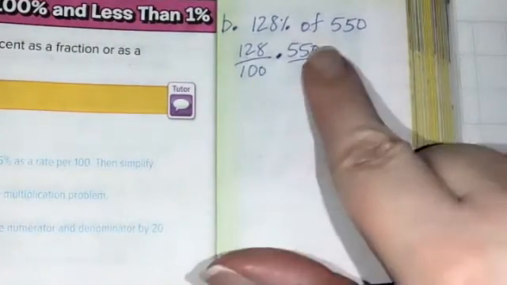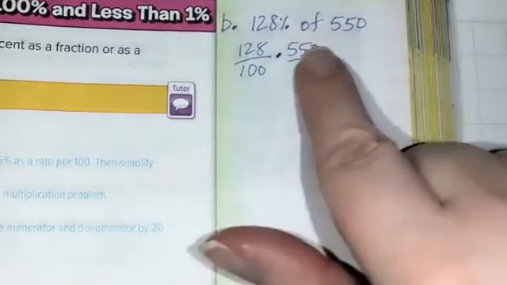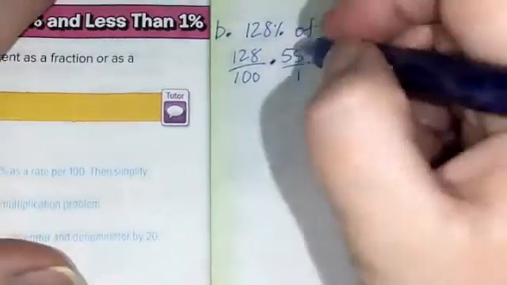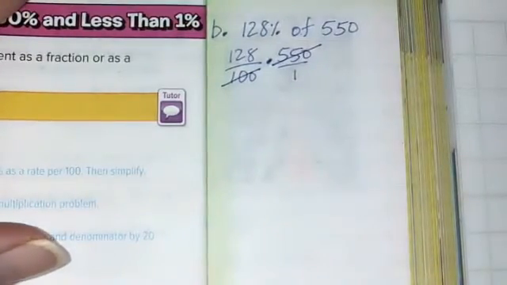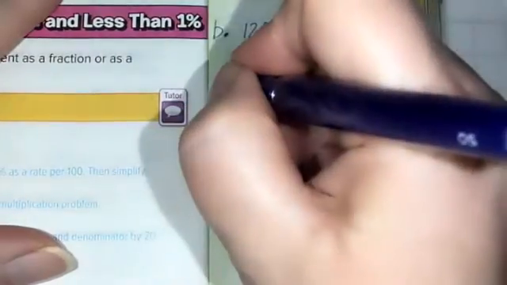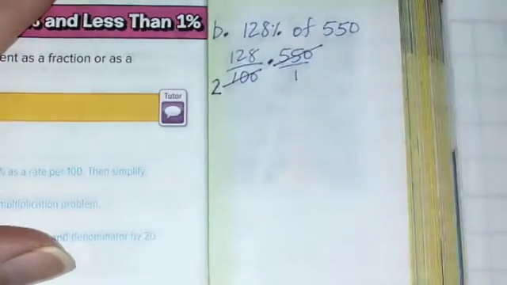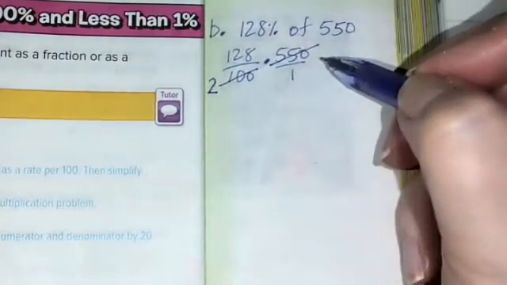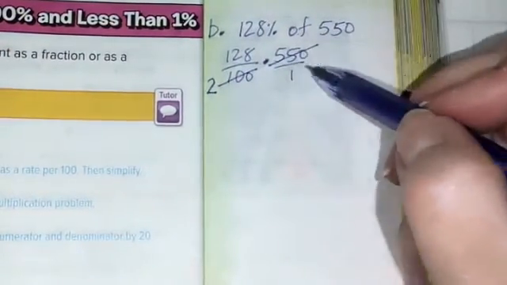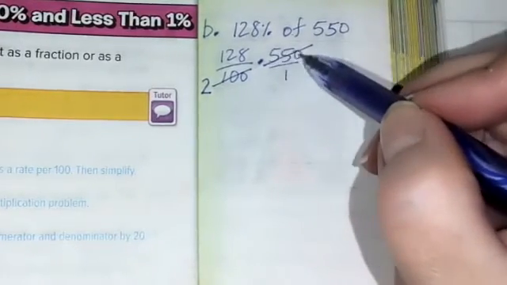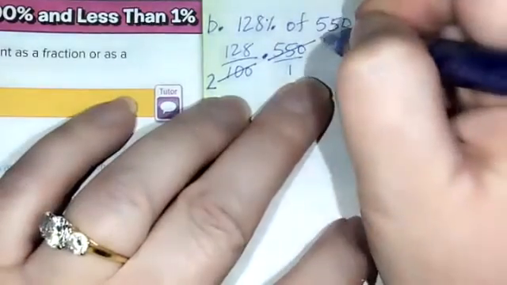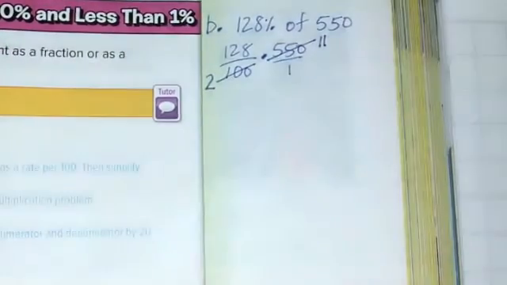So I look at these numbers and I can see they're both divisible by 50. Okay, so 100 and 550 can both be divided by 50. 100 divided by 50 will give me 2. 550, let's see, 50 would go into 500 10 times, and it goes into 50 one time, so 11. So 50 goes into 550 11 times.